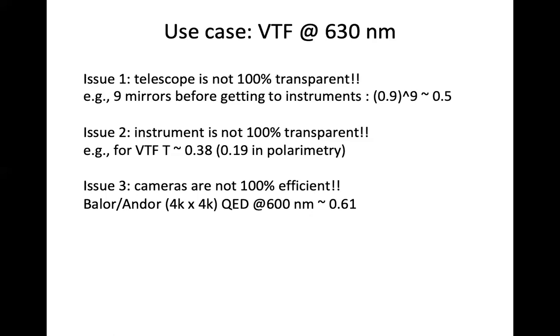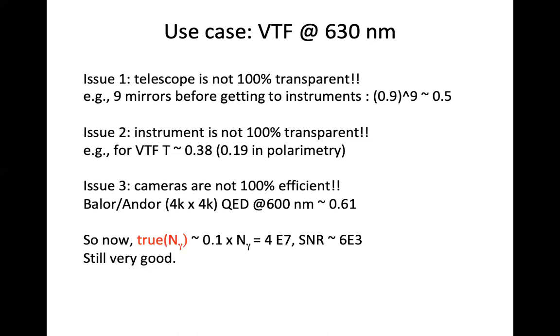Correct. In the silicon. So there you have another factor of 0.6 that you have to take away, right? So now your number of photons comes down to 4 × 10⁷. So signal to noise is 6 × 10⁵. Still very, very good.